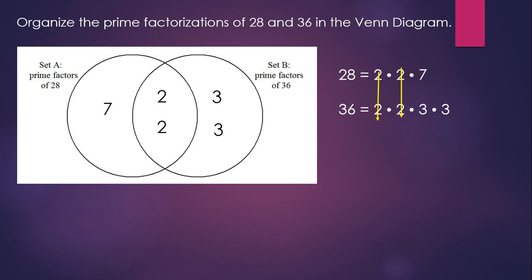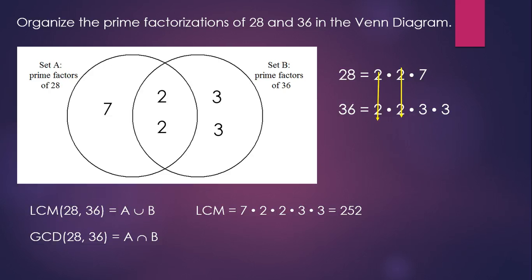So now let's think about our operations of intersection and union, and how we could use those along with these two sets, set A and set B, to describe what's going on. The least common multiple of these two numbers is A union B, and the greatest common divisor of the two numbers is A intersect B. So in this case, the least common multiple, A union B, would consist of all of the factors that we see inside both circles.